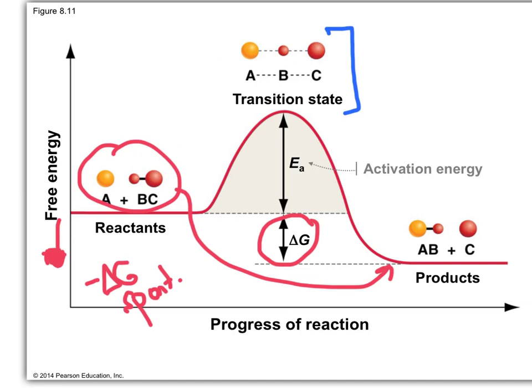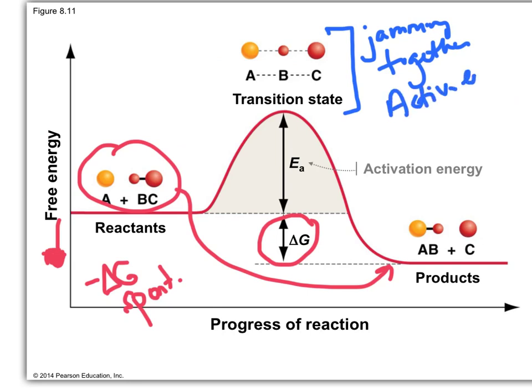And that transition state actually requires the input of energy because these guys don't want to be together. Either they're being repulsed by hydrophobic force, van der Waals forces, steric hindrance, whatever that is. They don't want to be together. We're jamming them together. And that's the activation energy required. This is like the activation energy to do anything at home when you're sitting on the couch.